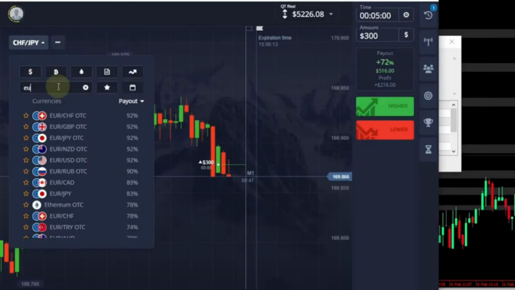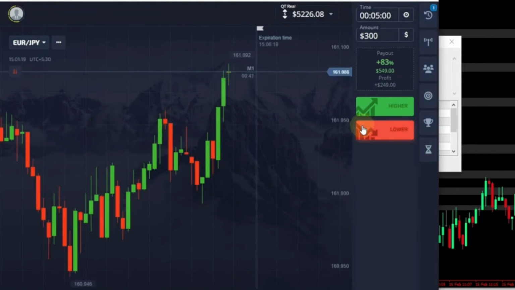We have a sell signal from a resistance level here and we open the same currency pair on Pocket Option and take the trade with 5-minute expiry time.